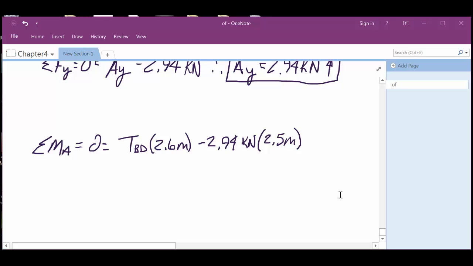So if we leave T, the tension in BD, where it's at, put this on the other side, it becomes a positive value. So it's 2.94 times 2.5 divided by 2.6. And you find out that the tension in that cable is 2.83 kilonewtons.